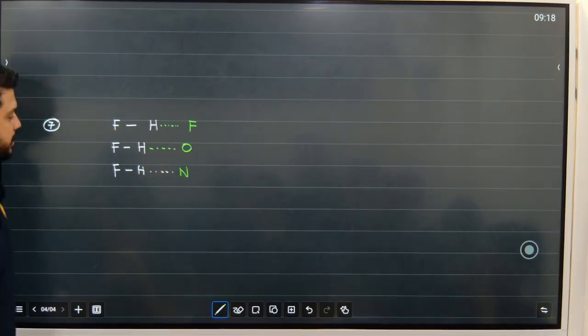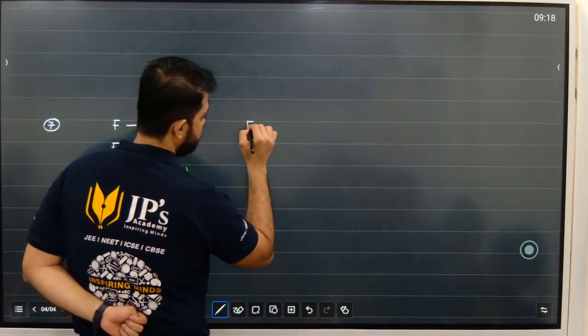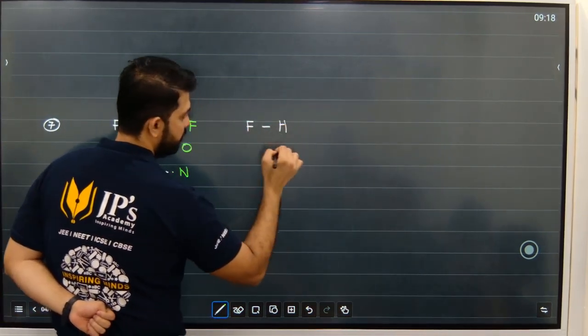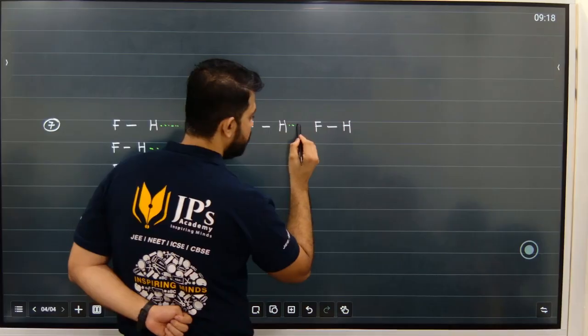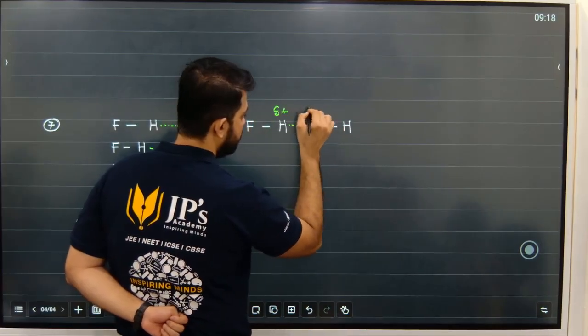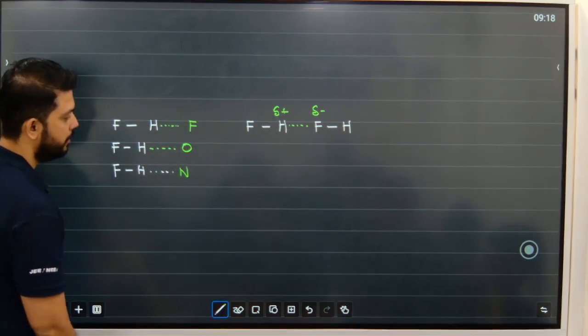What I'm trying to say is, you have an HF molecule and one more HF molecule, between them we are going to have a hydrogen bond.